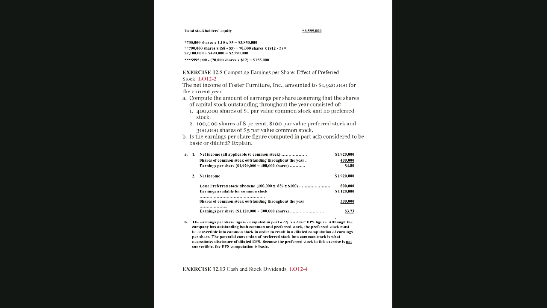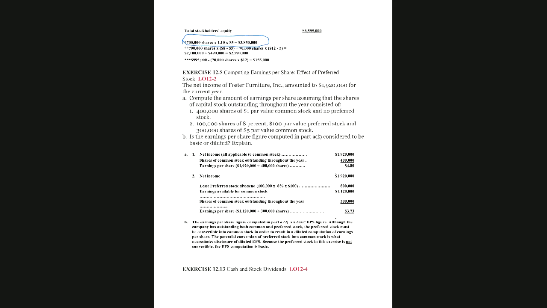Remember, all the shareholder equity accounts have credit balances. How many shares are outstanding at year end? We started the year with 700,000 shares of common stock, but we had a stock dividend, and remember, stock dividends are only for common shares.